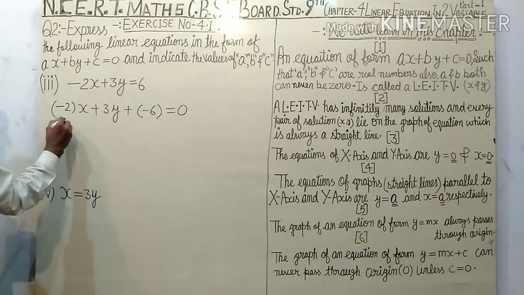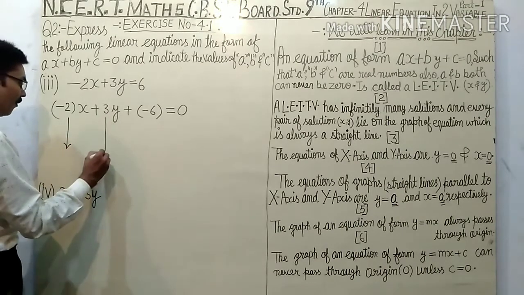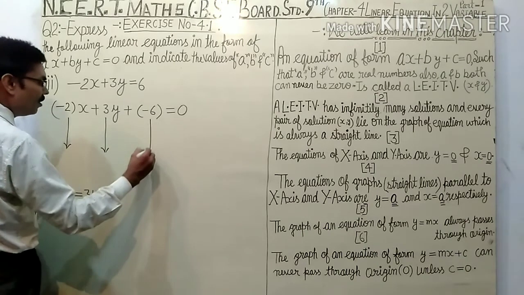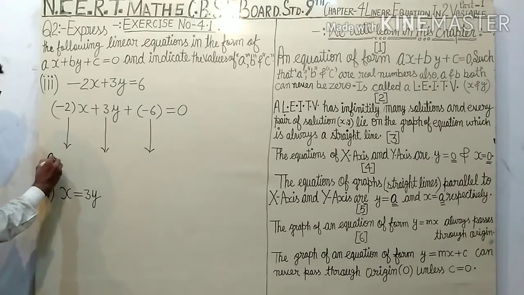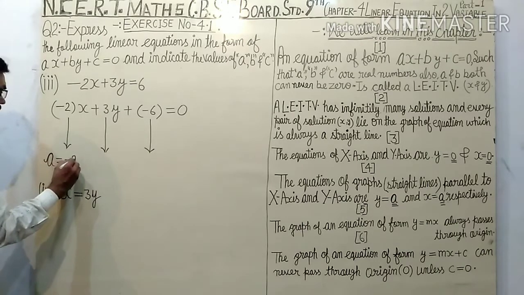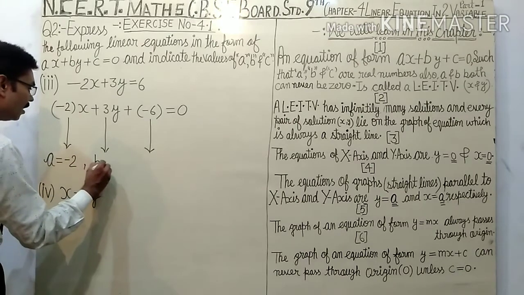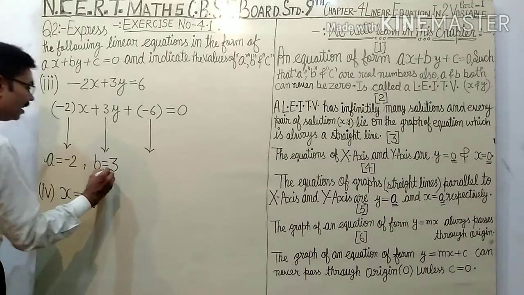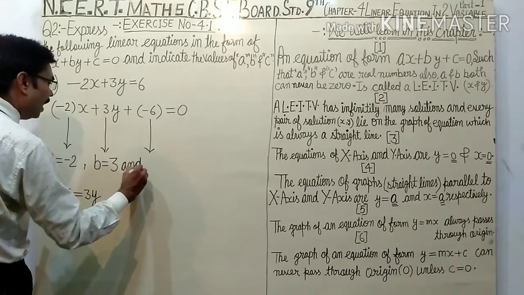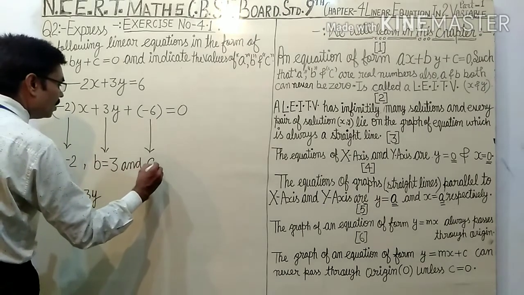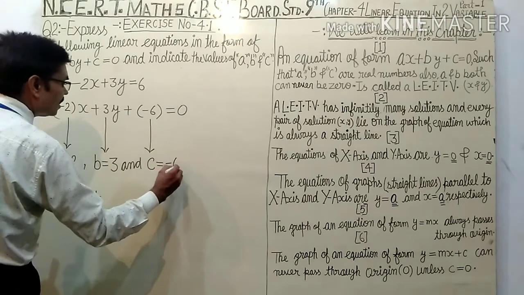Students, this is the value of a, this is the value of b and this is the value of c. So a equals minus 2, b equals 3 and c equals minus 6. This is your answer.